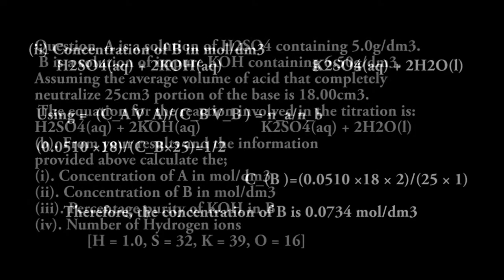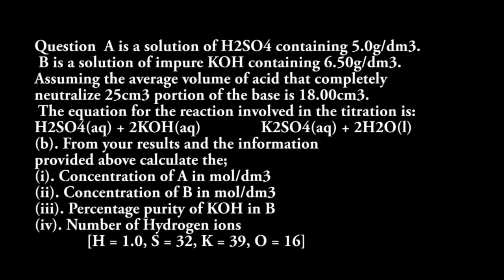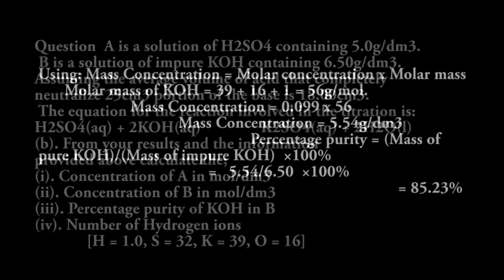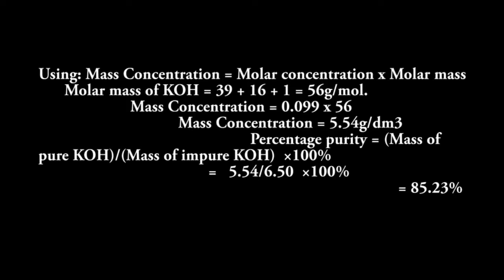The next is the percentage purity of potassium hydroxide in B. Hint: first determine the molar mass of pure potassium hydroxide in B. The mass concentration here is not 6.50 gram per dm³ because it is impure. Using the formula, mass concentration is equal to molar concentration times molar mass.